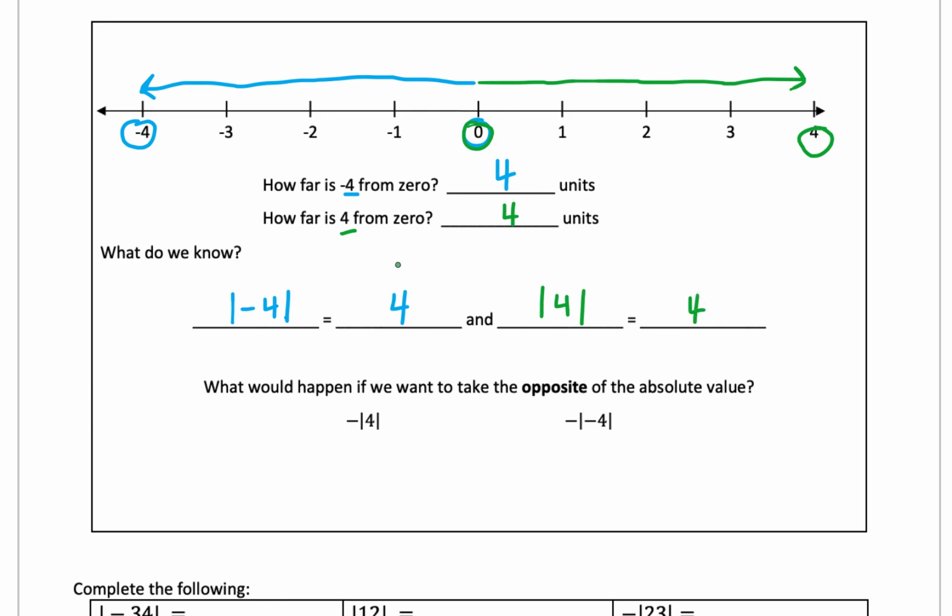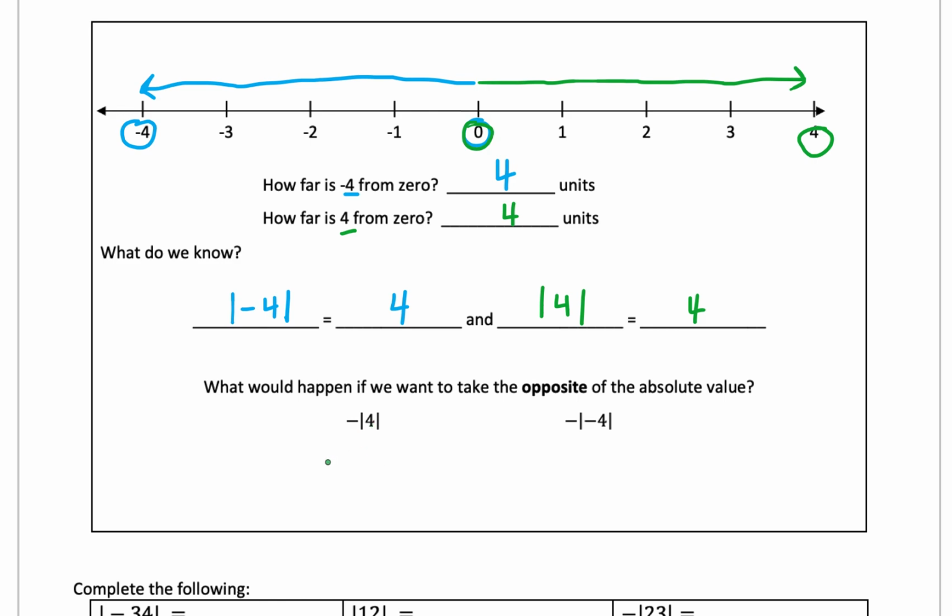So something that you might notice is that it makes our answer become positive here, but it's not necessarily the rule to remember that the number will always be positive, because then we get into cases like these two examples. And something that you might see that's a little bit different is that now I'm taking the opposite of the absolute value. So what do you think is going to happen if I have a negative sign on the outside of my absolute value bars?